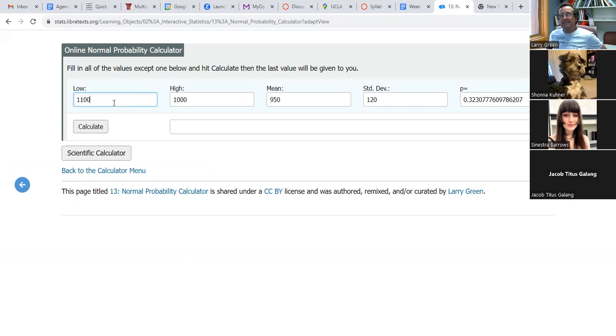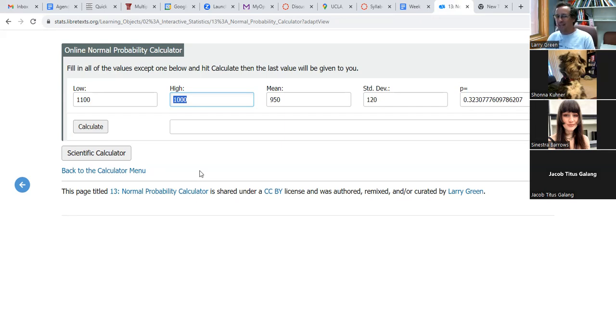What's the high to run out of ice cream? What's the highest amount of ice cream that people could order so that you run out? 1,100 is the lowest amount. With 1,101, you'd run out.